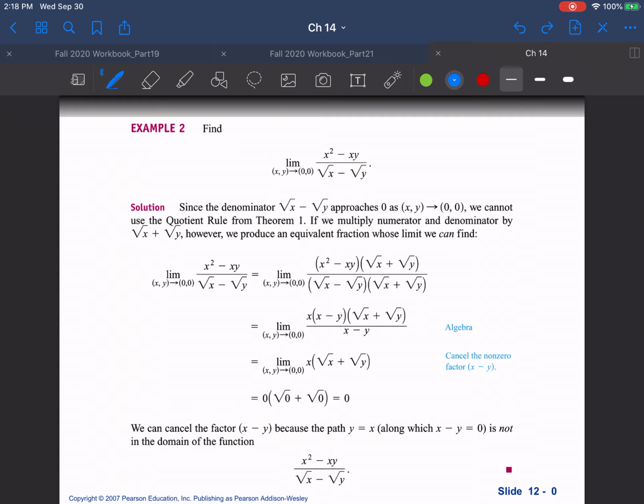By doing that, we can end up canceling out the x minus y here, and then we get a form where we can plug 0 in, and we don't get a 0 over 0 or that indeterminate form. And so we just get that the limit is 0 there. Okay? And so that's fine. We are allowed to do that.